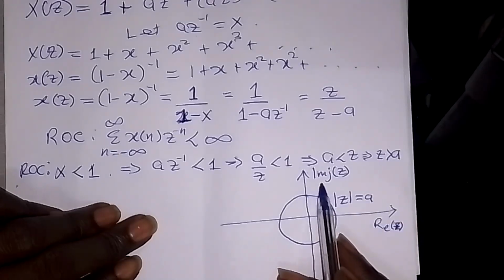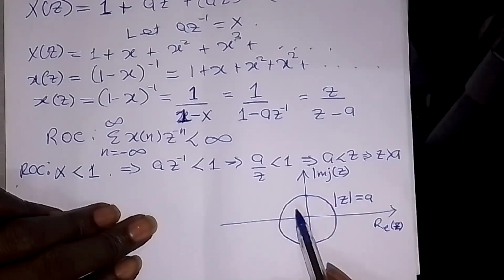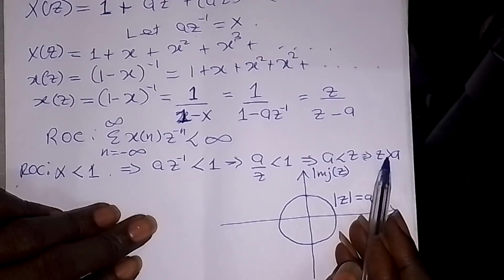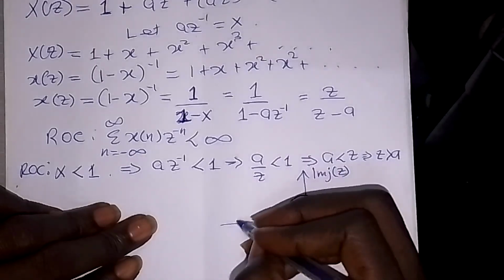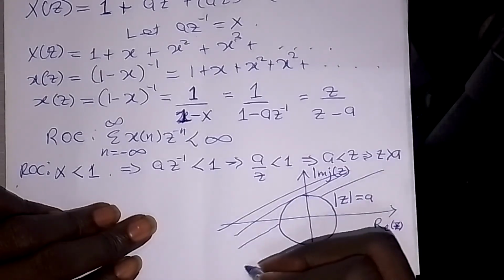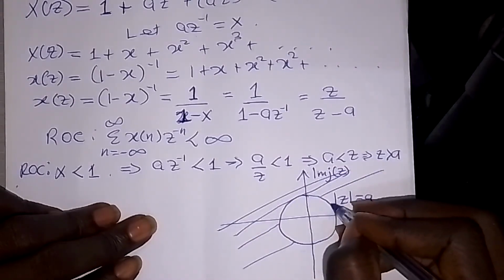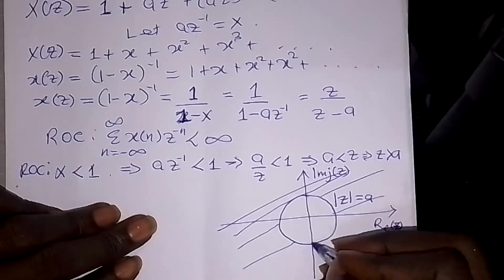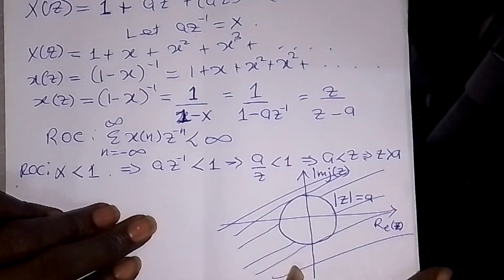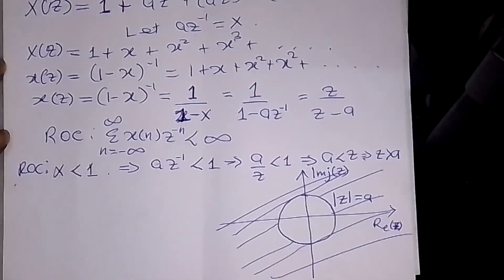So that means that I must shade outside of the circle, because inside the circle, z is less than a, outside is z greater than a, and what I got here is z greater than a. So I must shade outside. Basically, this is what I will get.